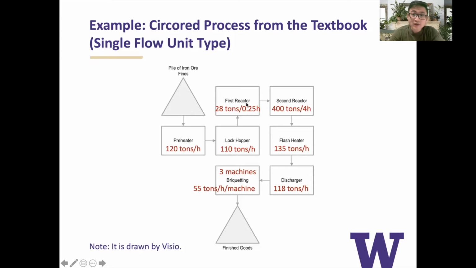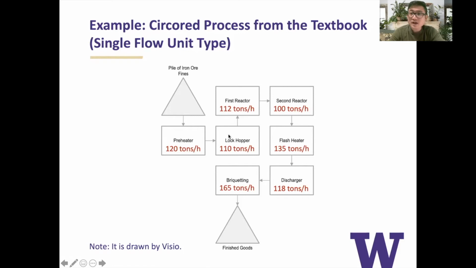And for the first reactor is 28 tons per 15 minutes. For the second reactor is 400 tons per 4 hours. So the unit is not consistent, right? So the first thing that we want to do is to make the unit consistent. So we're going to use tons per hour for all the resources.